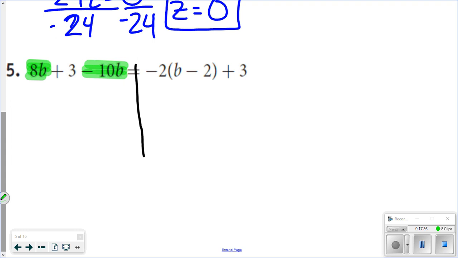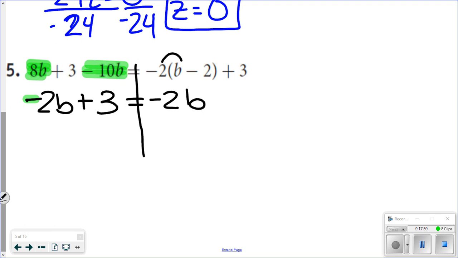8b minus 10b gives us -2b plus 3 equals -2 times b is -2b. -2 times -2. I have 2 negatives, which makes a positive 4.